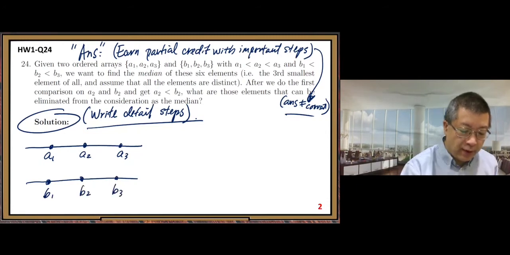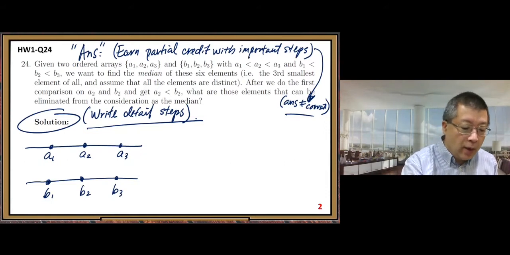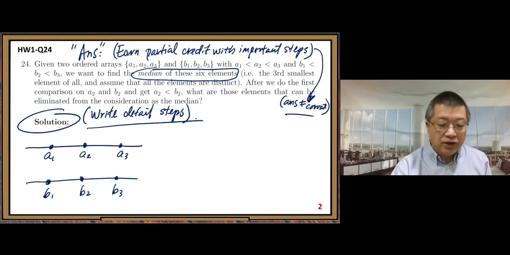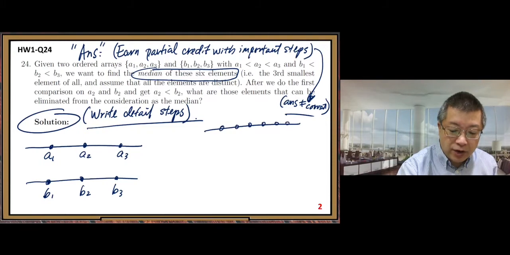Then the question, we want to find the median of these 6 elements. That is the third smallest element of all. All right, so here, 6 elements, 1, 2, 3, 4, 5, 6, okay?